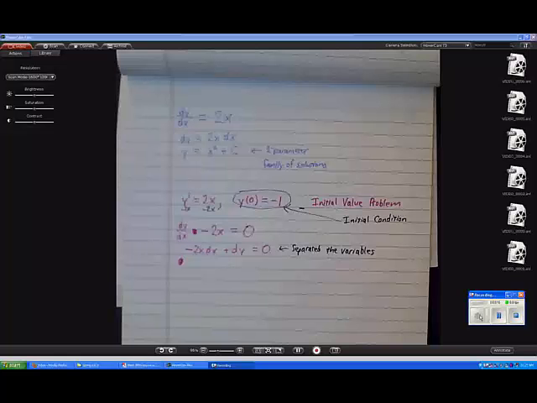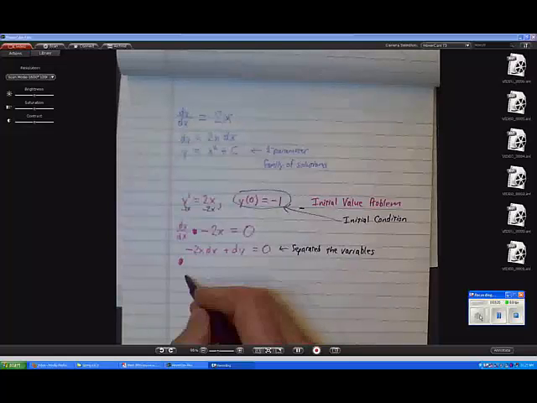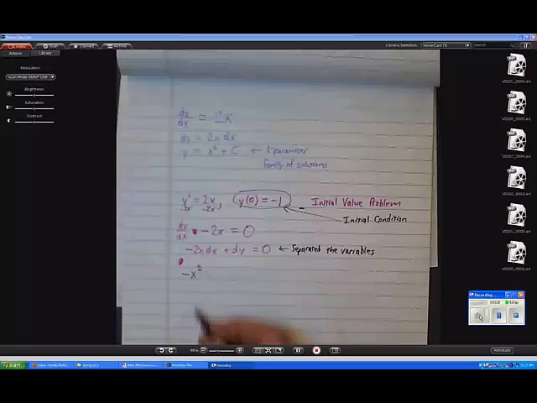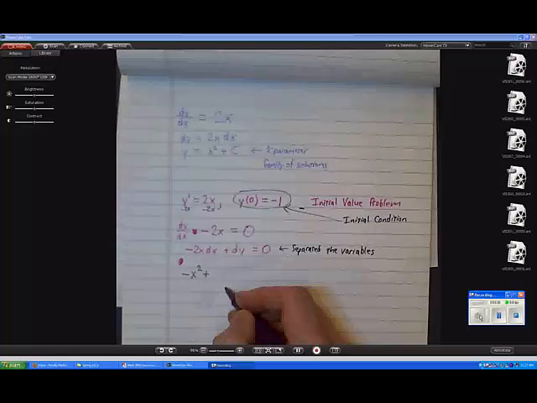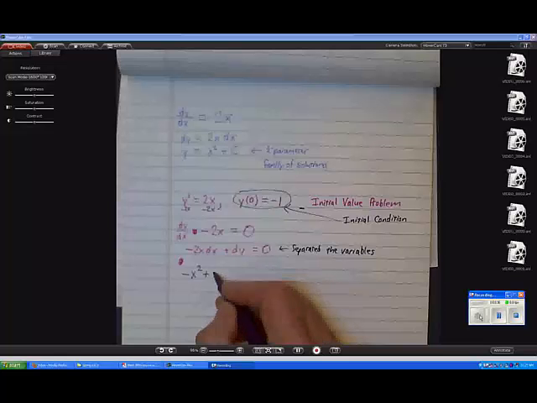When you integrate negative 2x, we get negative x squared, plus, what are we going to get here? When I integrate dy, I'm going to get y.